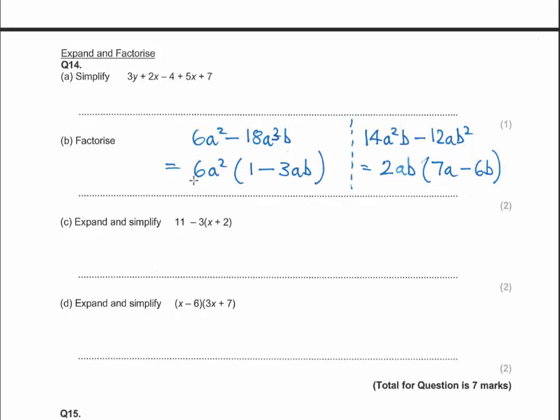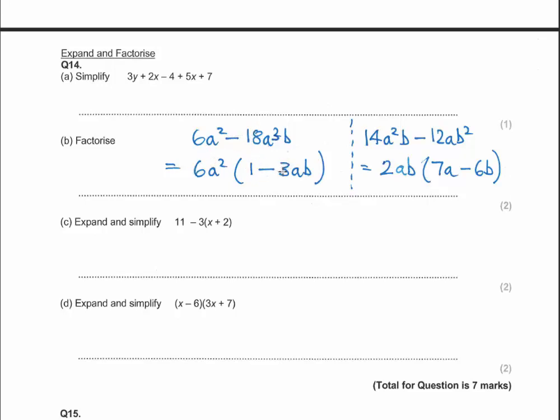So that goes outside the bracket. The bit that they share goes outside the bracket. Okay, what goes inside the bracket? Well, 6 times something has to make 6a squared. Well, I've already got 6a squared, so I just need 1. So that 6a squared times 1 makes 6a squared. Now I'll put a negative sign here because I've got a negative sign here. To make 18, well, I've already got 6, so I'll need 3.